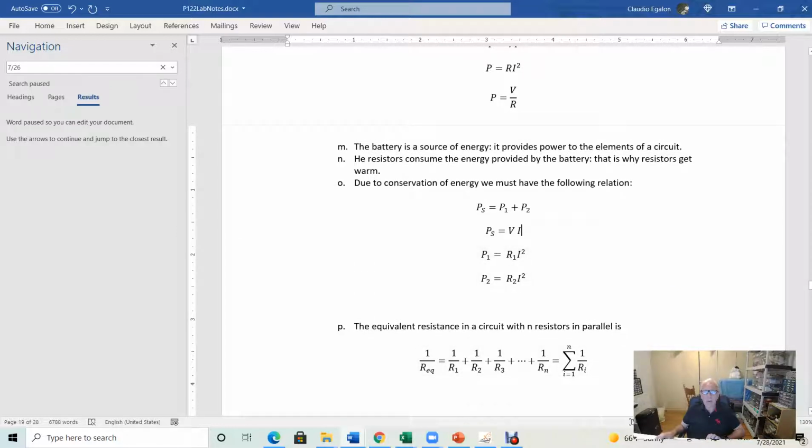Substituting those values, we are supposed to get the same equation. Let's see.